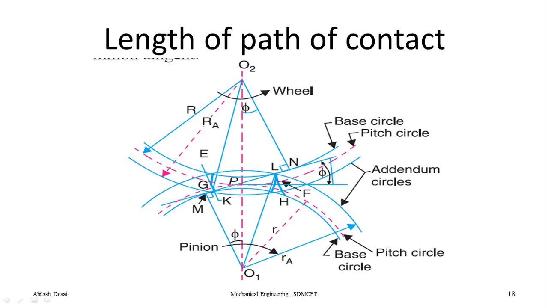The perpendicular drawn from O1 gives M, and from O2 gives N. Then the arc points are G and H. Mainly you have to concentrate on the distance over which the meshing is in contact, which we will see now. The angle phi is taken for both. Now we'll see how to solve this.